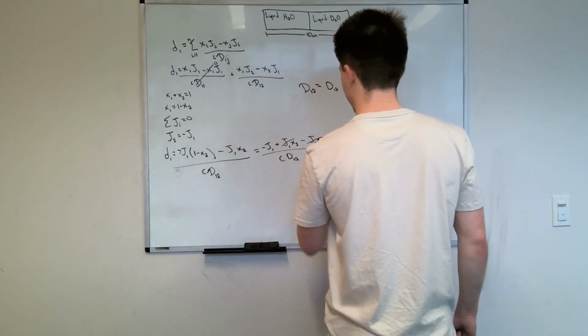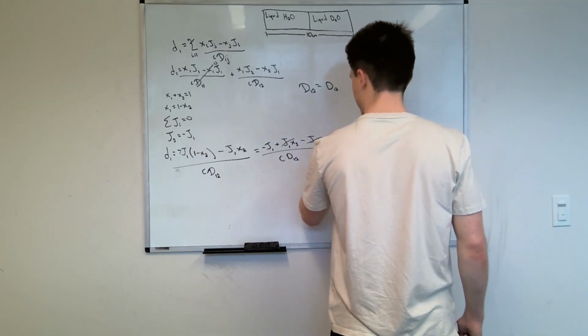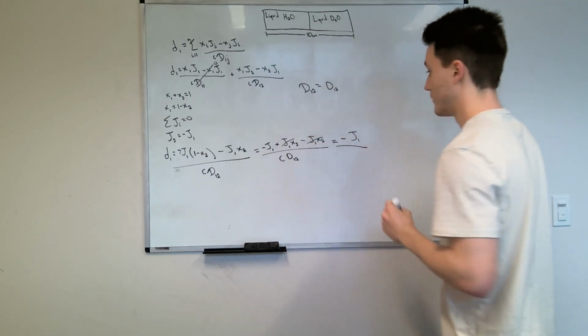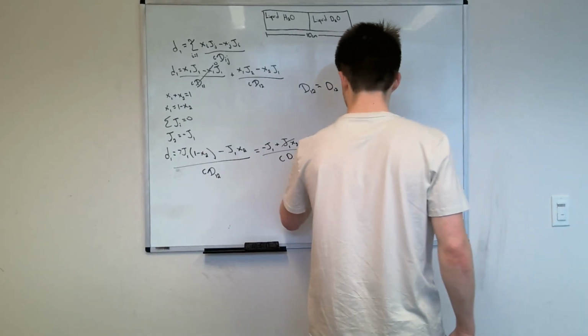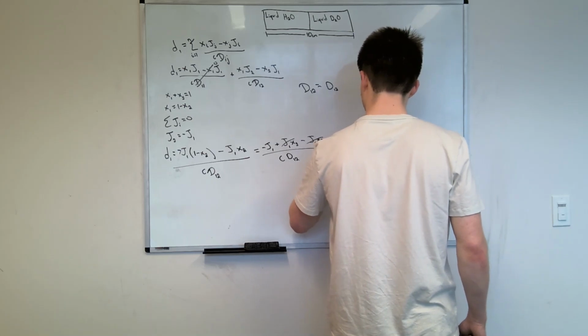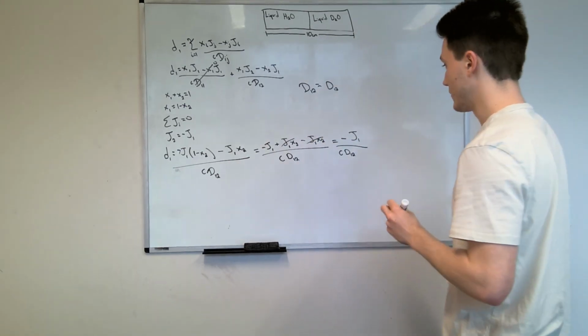So these two values cancel each other out, which leaves us with the equation of negative molar diffusive flux of 1 over the molar concentration multiplied by the diffusion coefficient of 1 and 2.